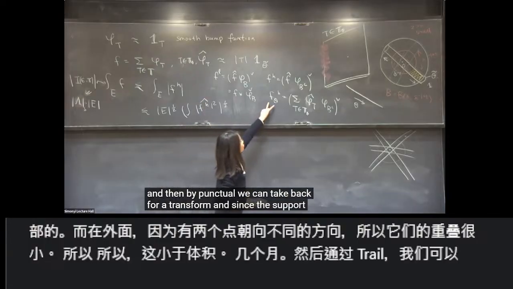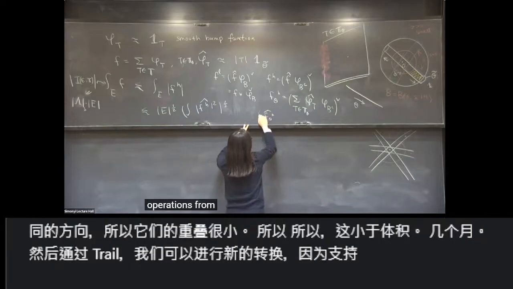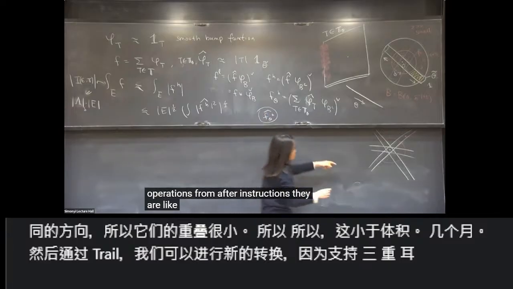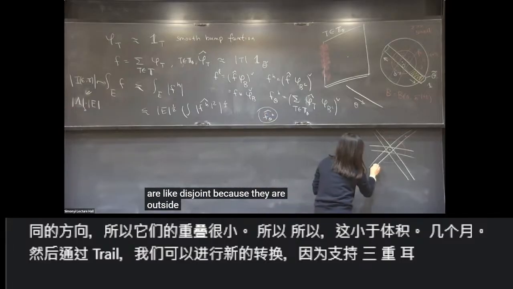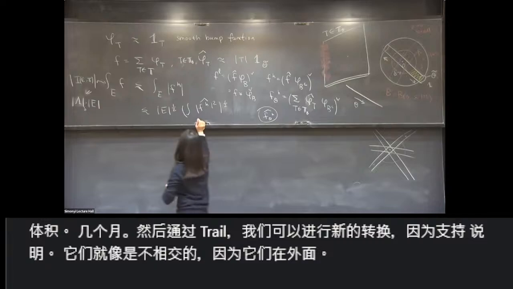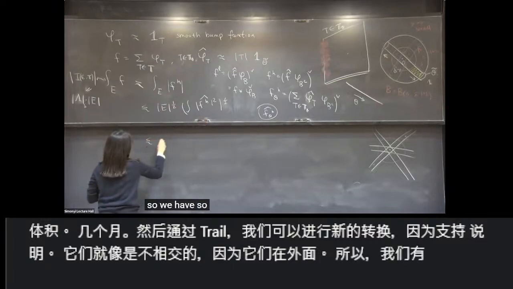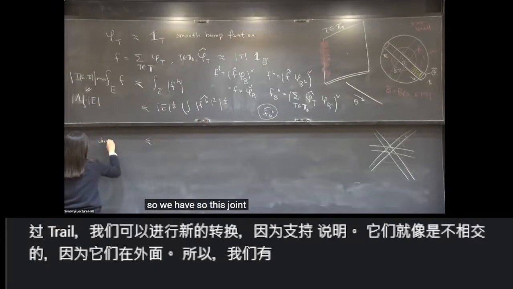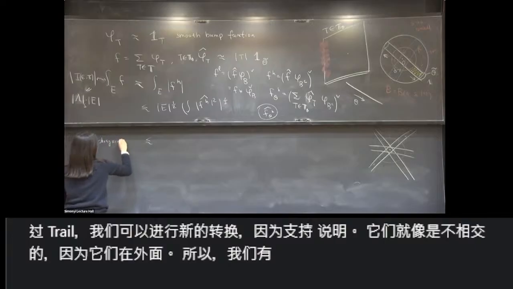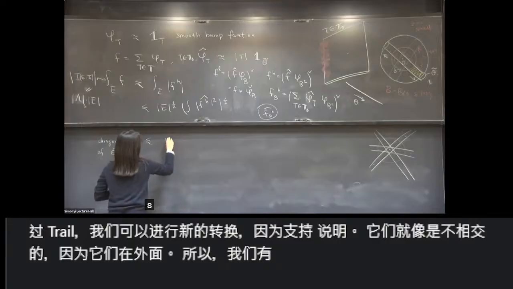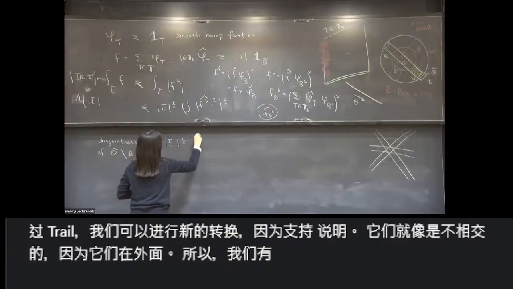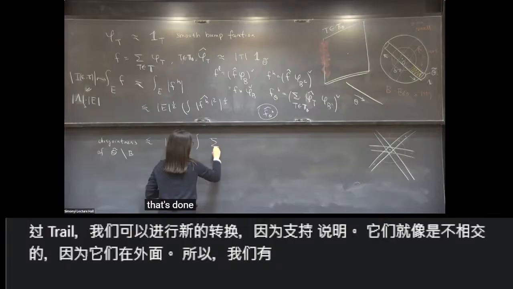And since the supports of the Fourier transforms of those functions are disjoint because they are outside, we have disjointness. So this is less than the sum over theta.